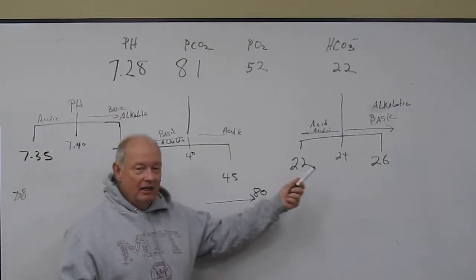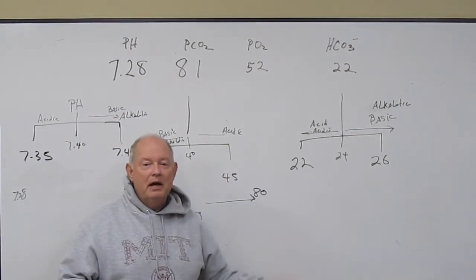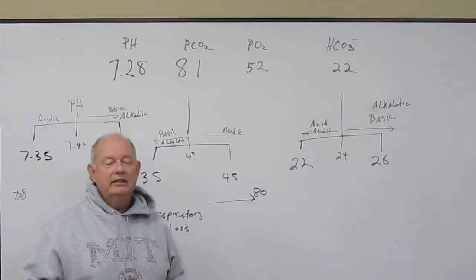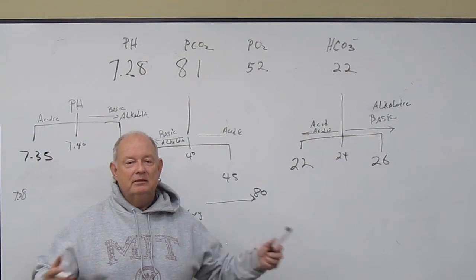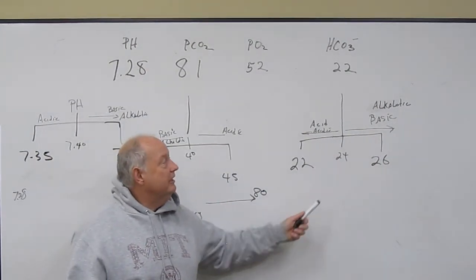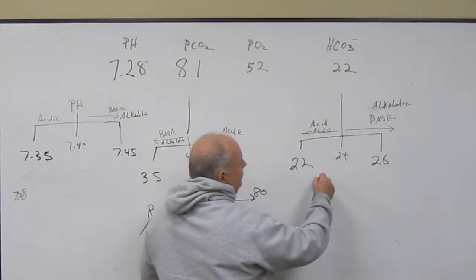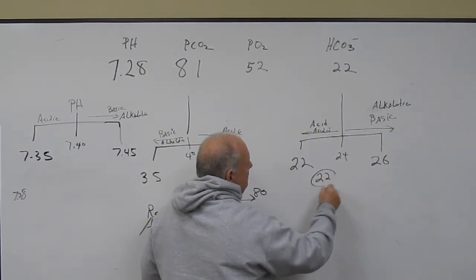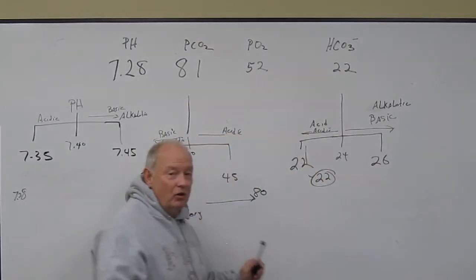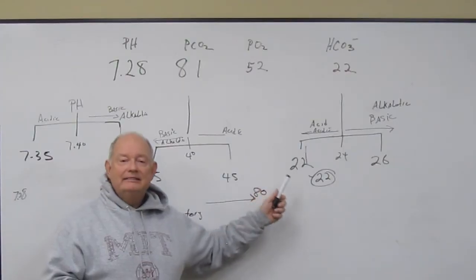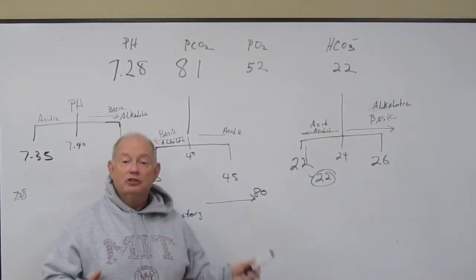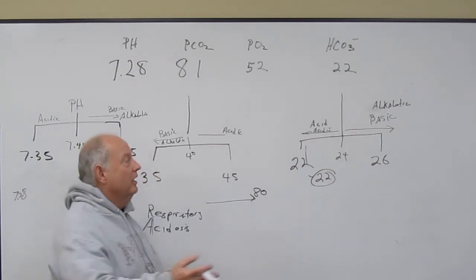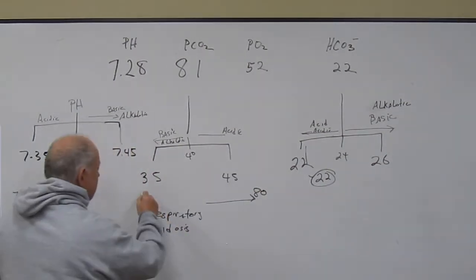And now let's look at our bicarb. Our bicarbs are controlled by our kidneys. We like to think of that as the metabolic system. So what has our kidneys done? It's 22. 22 is in the normal range. Since our bicarb is still within the normal range, we say it is not compensating. So here we'll say that this is uncompensated.